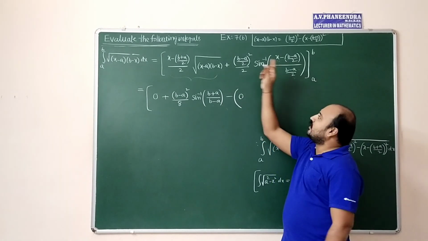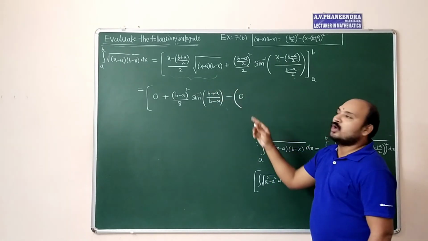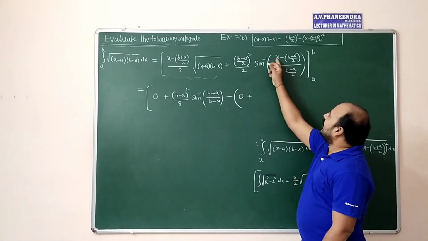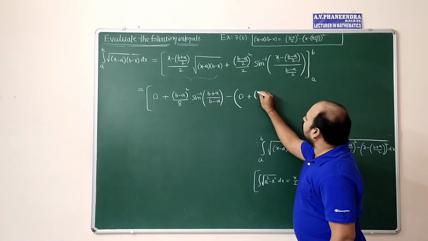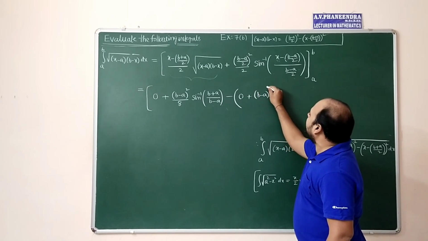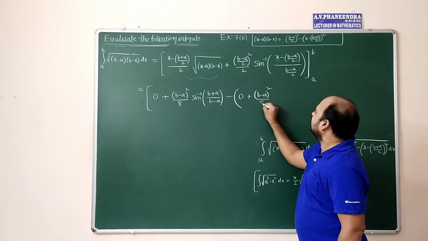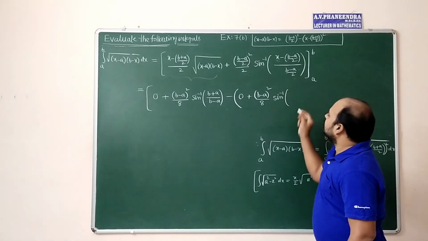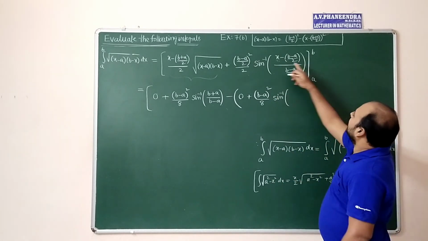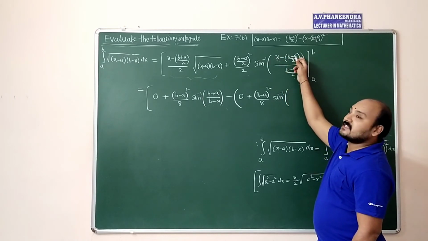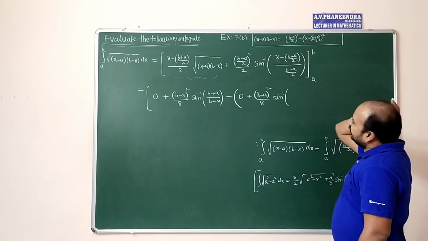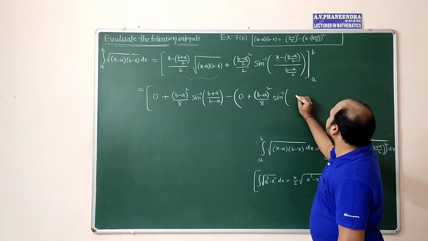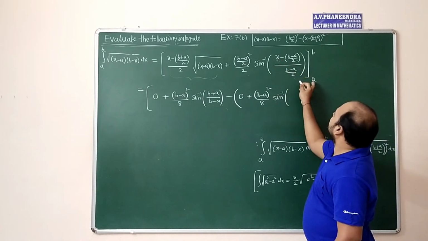Lower limit x is equal to a, substitute in the first term, that value also goes to be 0, plus in place of x here, lower limit we are substituting, before that b minus a whole square divided by 4 into 2 is 8. Sine inverse of 2a minus b plus a, 2a plus a. So here x is equal to a, substitute there.